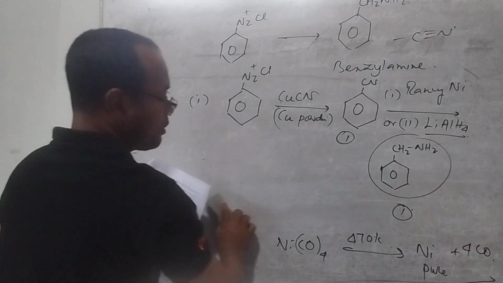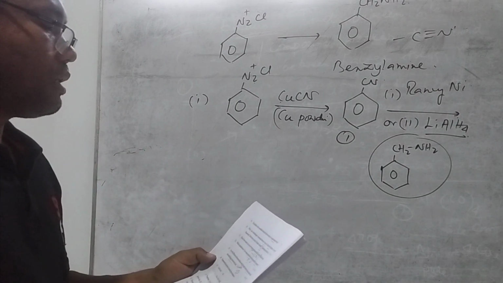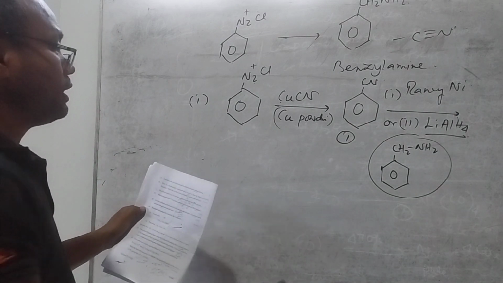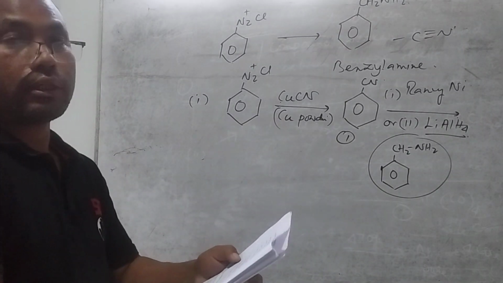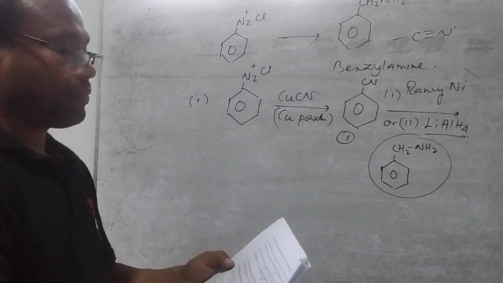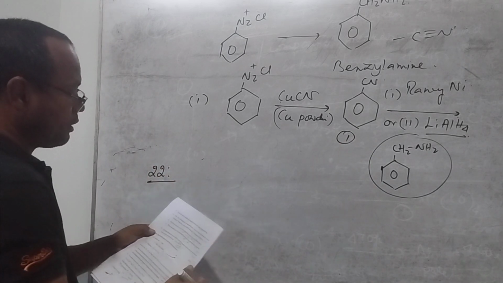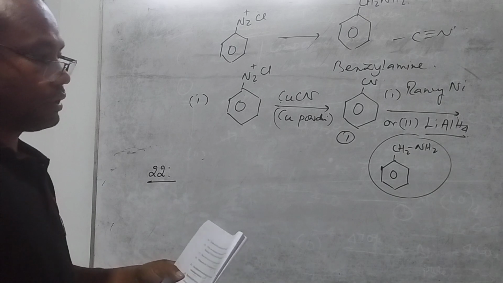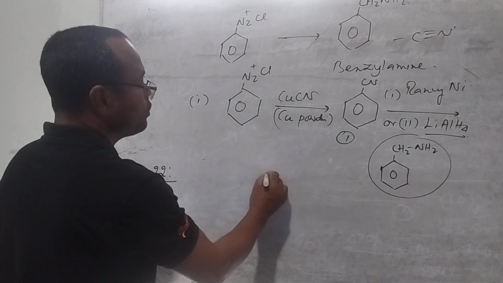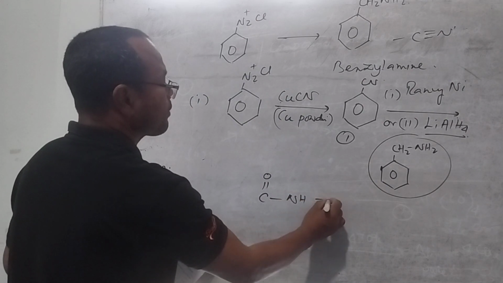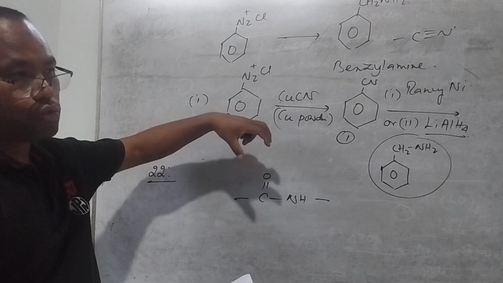Next, what is a peptide bond? I think it's also very easy. You can write what a peptide bond is. Question number 22. This is from biomolecules. So the peptide bond: what type of bond is it?